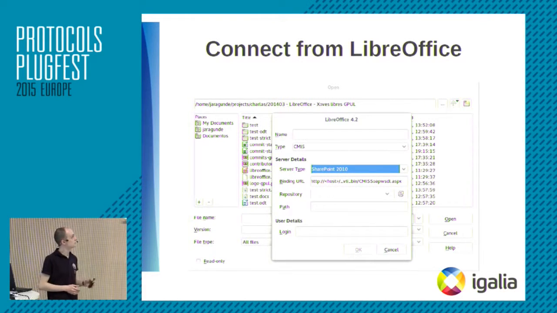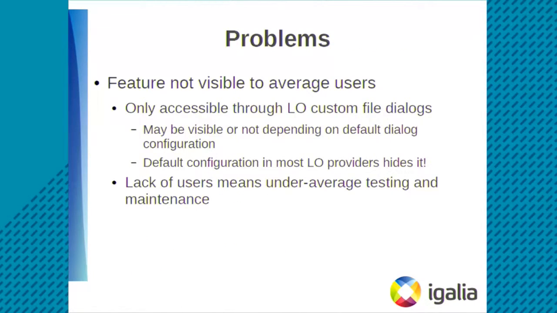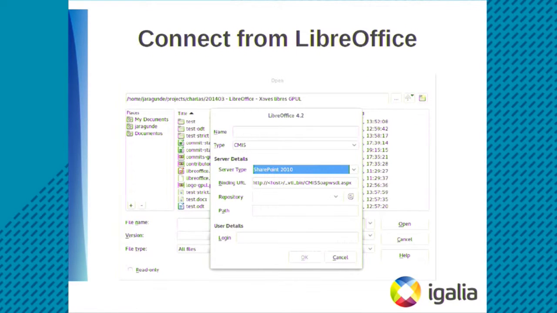If you set CMIS, you will be able to set a server type. If you set SharePoint, it will fill you with the binding URL for the SharePoint server. So you only need to fill the host here, and the rest of the URL is already written for you. And once this URL is correct, you can press this button here, and it will list the repositories exposed by your server.